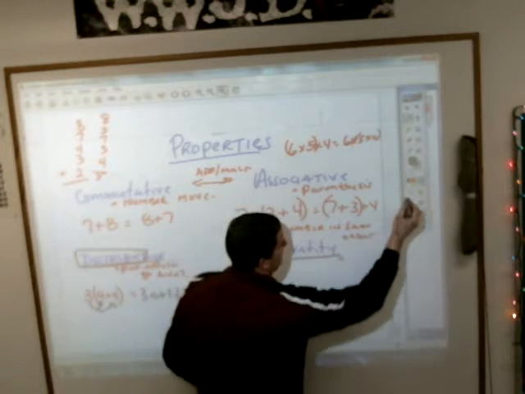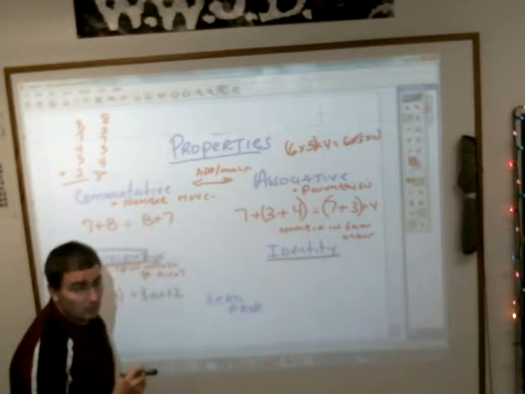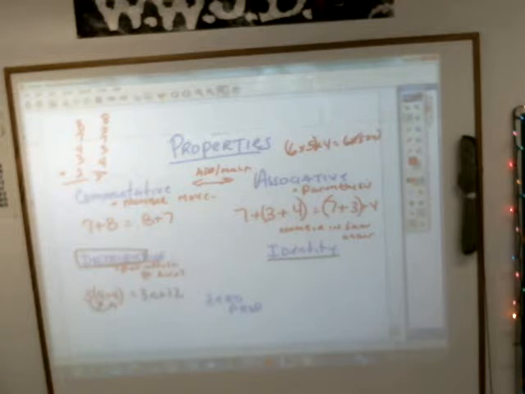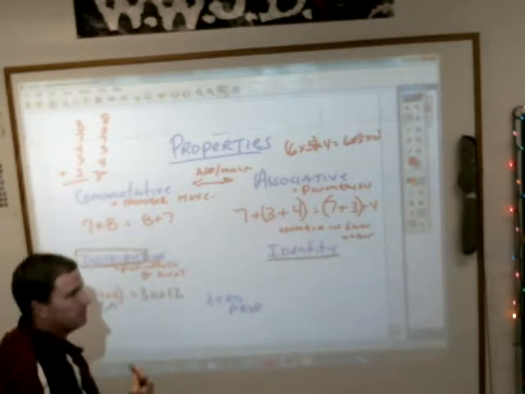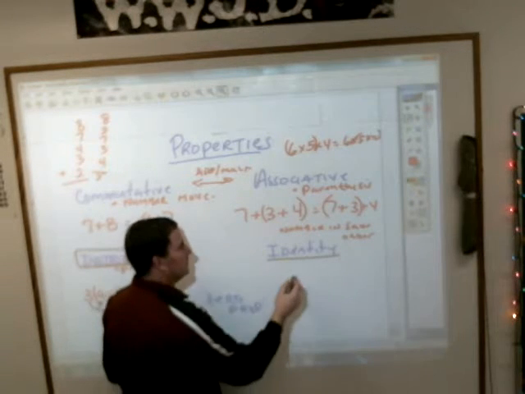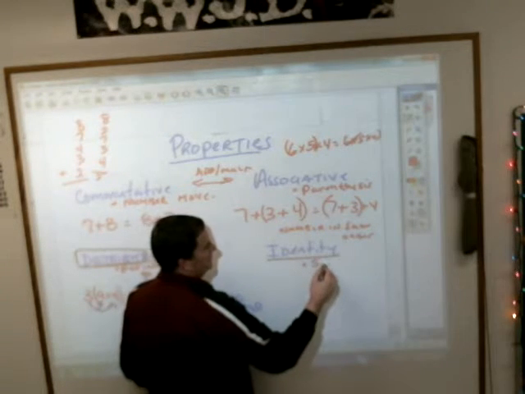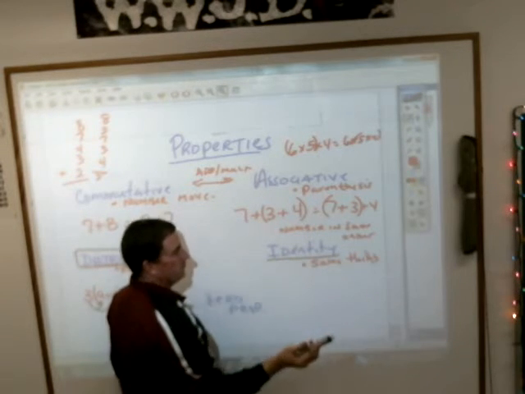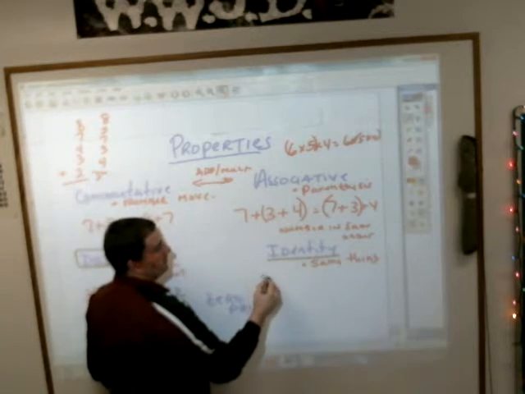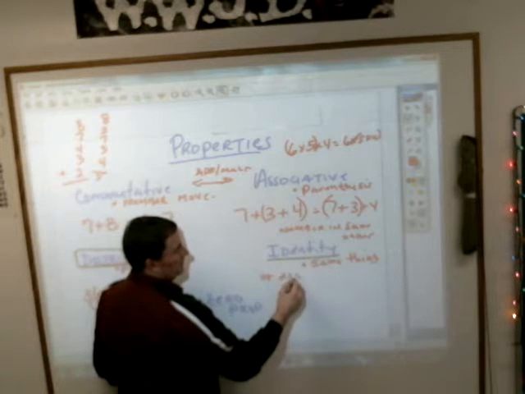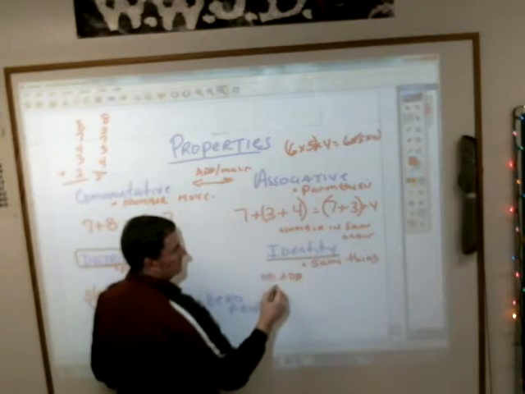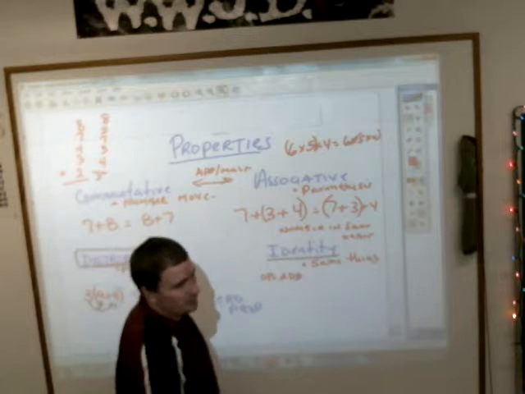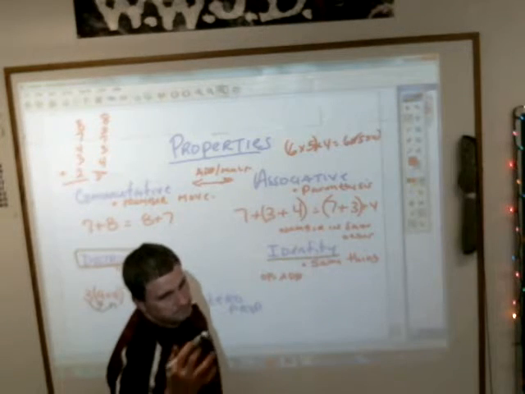Now back to this thing, I don't want to run out of time because I really want a lot of homework. The identity property. When you think of identity, think about when people ask you what your identity is. You get the same thing. And it's different for addition and it's different for multiplication. The identity property of addition would be, you do what? You get the same thing in addition, you add what? 0.